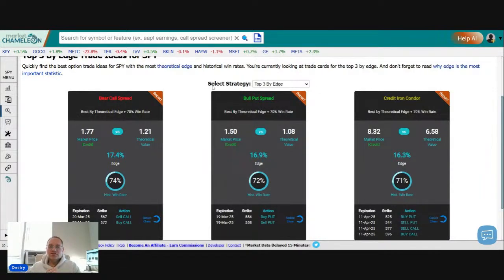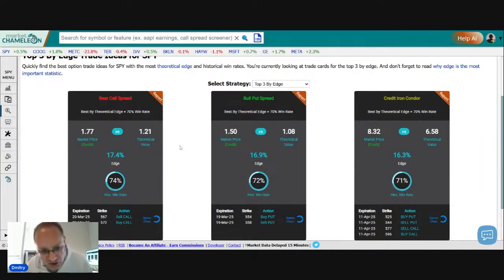Okay, so I'm going to close this menu, and we have these trade idea cards. You also have this select strategy where you could drop it down and look for different types of strategies. The top three are displayed based on theoretical edge. The first one's a bear call spread. Then you got a bull put spread. You have a credit iron condor. We're going to look at this bear call spread today.